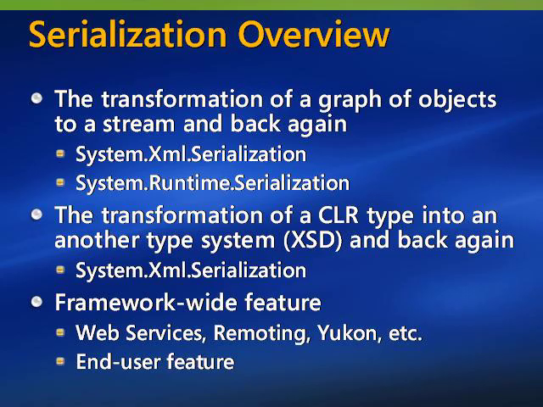Furthermore, another example is when you take an XSD complex type or simple type and you transform it into a CLR type definition. So serialization is both of those things: serialization and deserialization of instances and transformation of types as well. Now, System.Xml.Serialization is the current technology that handles this type transformation capability for us. System.Runtime.Serialization doesn't have that capability yet.